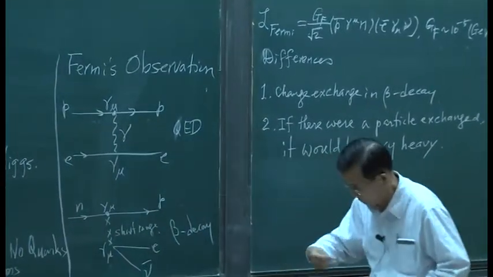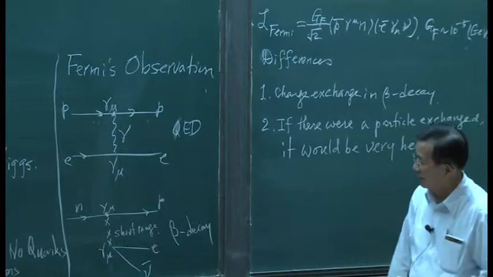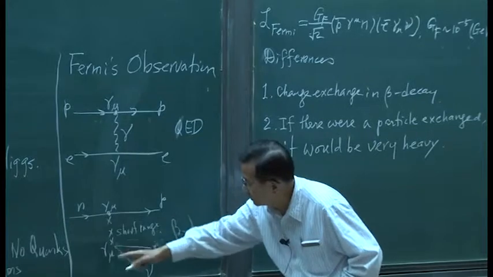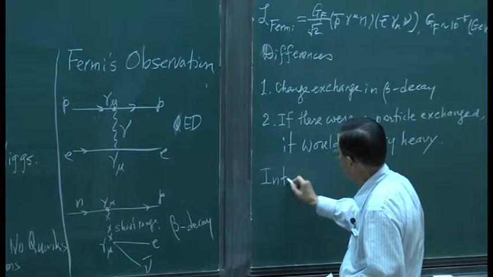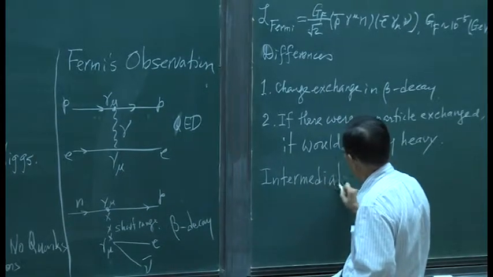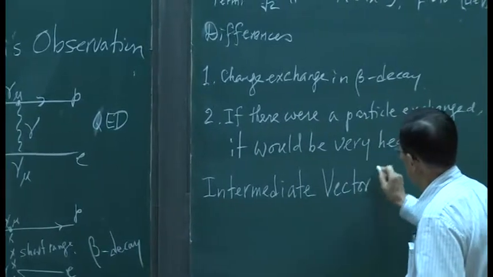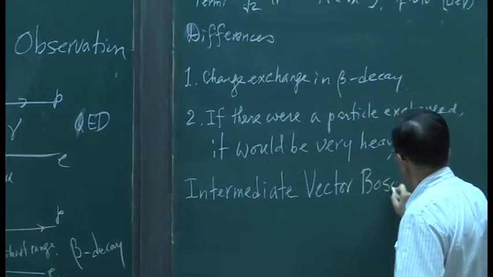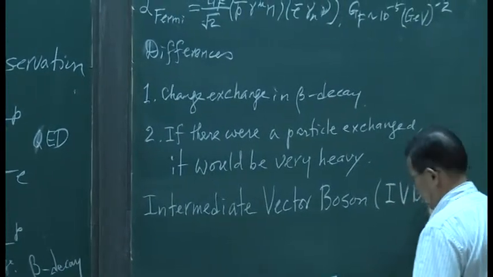But if you want to generalize it to higher energy, you might want to introduce a vector particle here, and this is called an intermediate vector particle, vector bosons. They are usually called IVB.